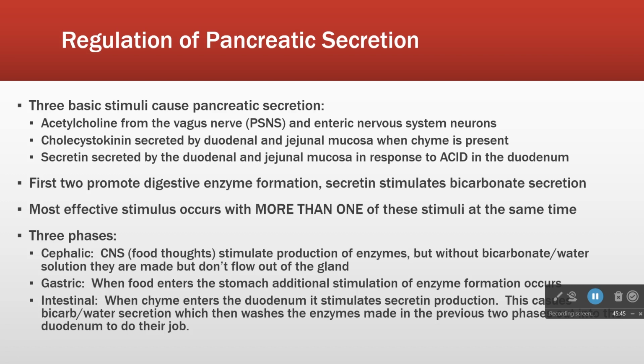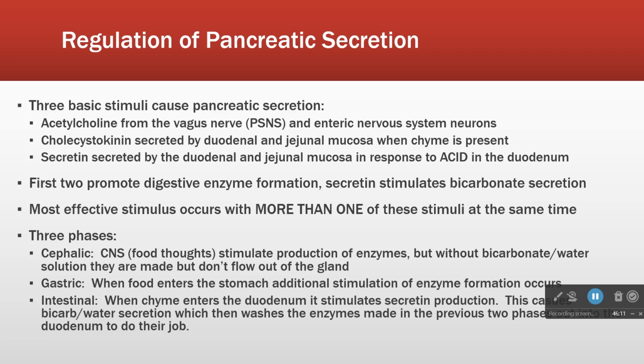Then the third phase is the intestinal phase. This is also sometimes called stomach emptying or gastric emptying. Here, the chyme has started to enter the duodenum. The duodenum is going to be affected by the characteristics of that chyme and is going to trigger hormone release to tweak what the stomach is doing to best match.